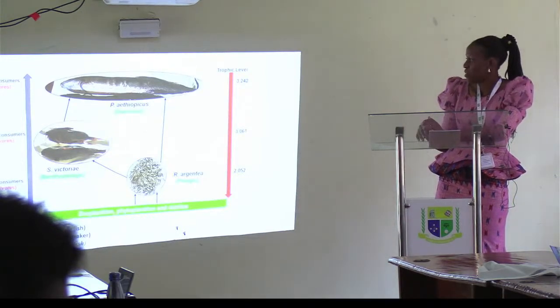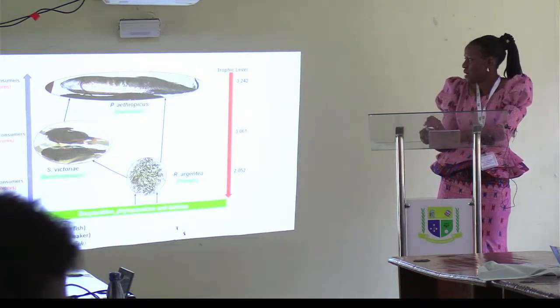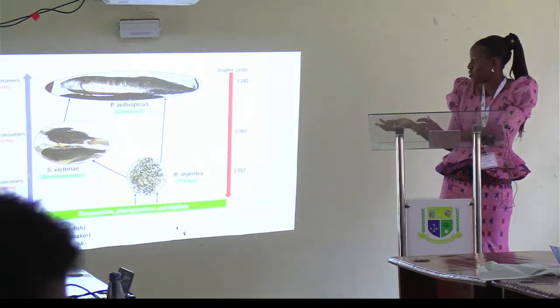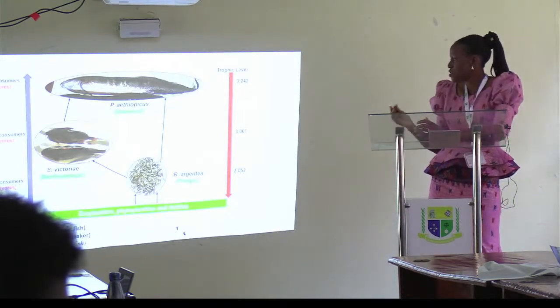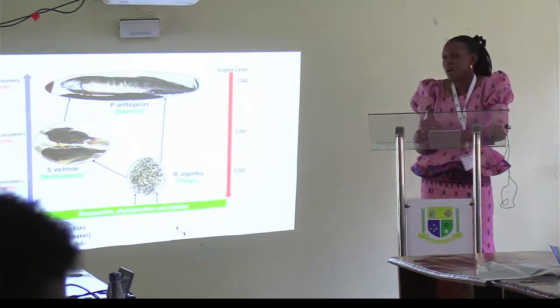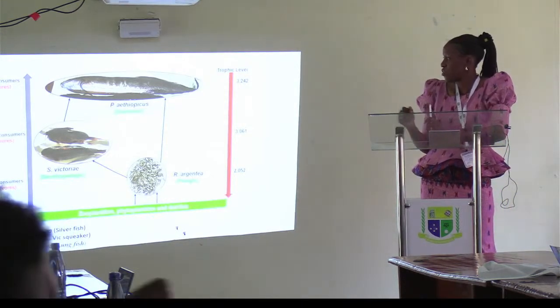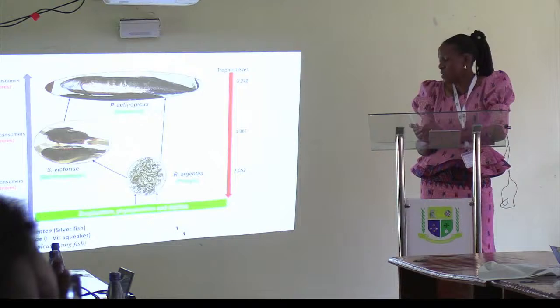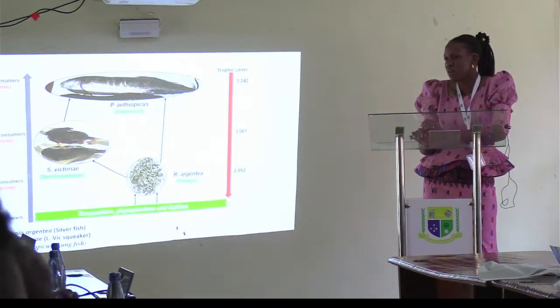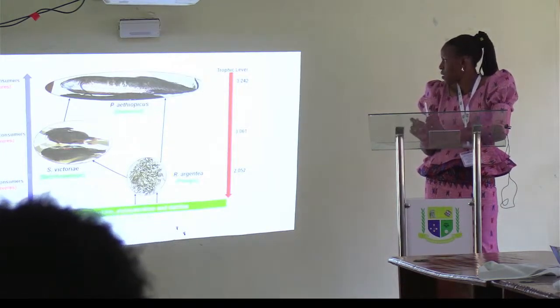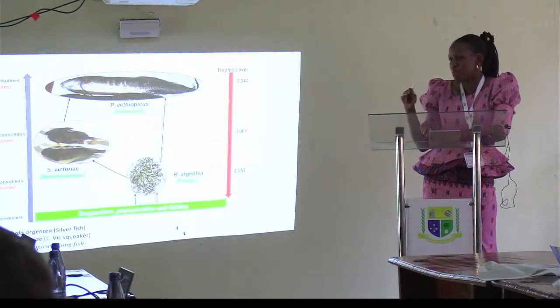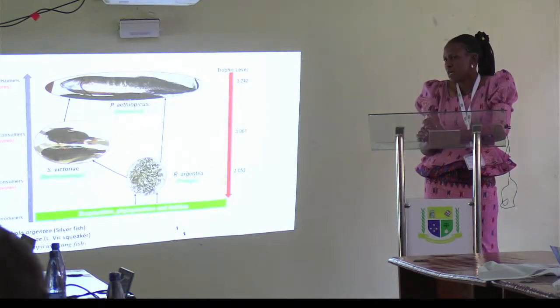If we have the omnivores and then the carnivores, if I'm feeding, let's say, on phytoplankton, how is it going to affect the fish in case some of these fish feed on the others? Are they going to transfer their microplastics from one level to another?